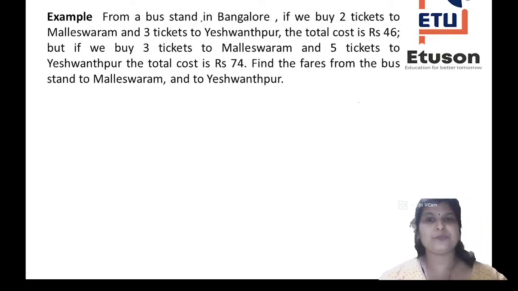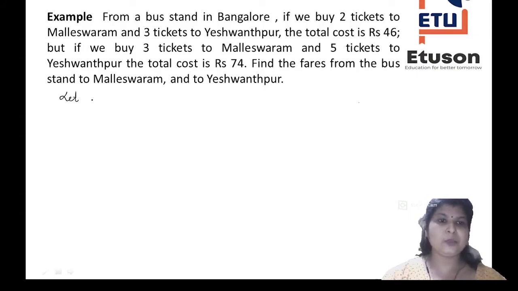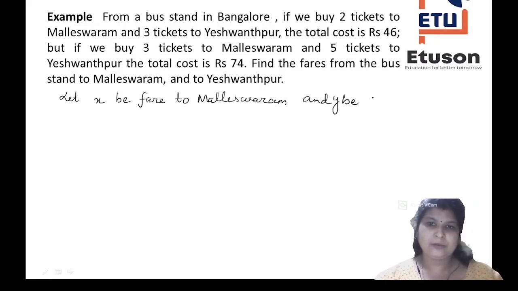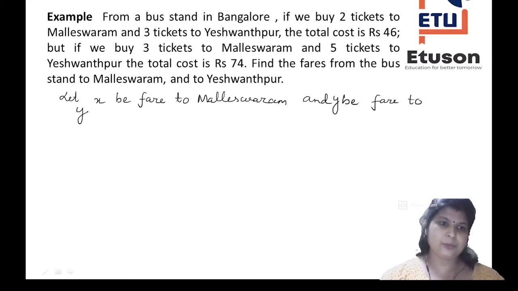So first what we have to do is form the pair of linear equations. For that we have to assume, let x be the fare to Malleswaram and y be the fare to Yeswanpur from the bus stand.